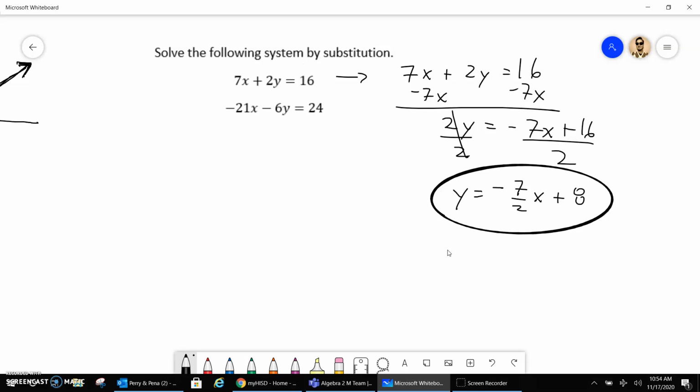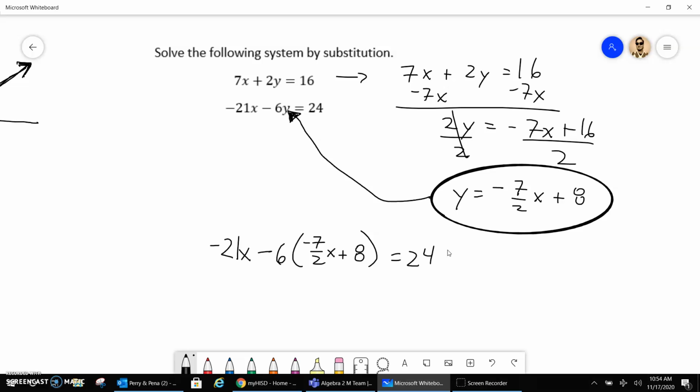So when you're doing this, make sure you take that variable and plug it into the other equation that you hadn't yet used. So if I do that, I'm going to rewrite that second equation as negative 21x minus 6 times y, where y is now all this stuff right here. So that's negative 7 halves x plus 8, and that equals 24.